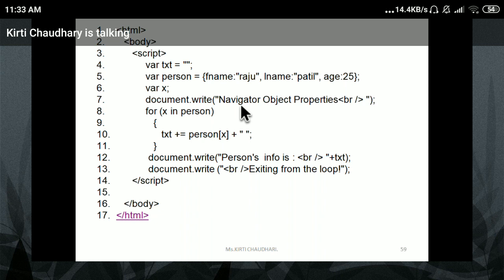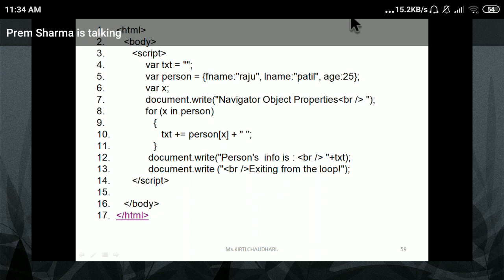And its value: property colon value, property colon value, property colon value. So when I wrote like this, person has three properties, and the values are Raju, Patil, and 25. Correct? Then I can go through the loop accessing each property. Clear now?